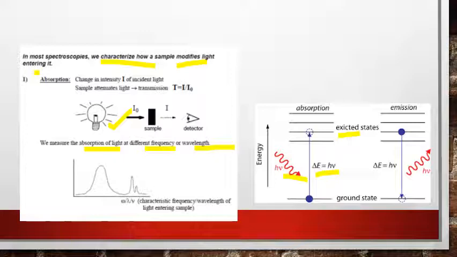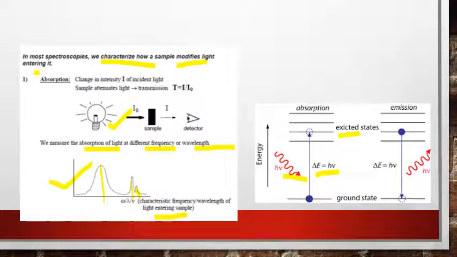Like here in the graph you have this absorption spectrum, where on the x-axis we can measure that this particular wavelength is highly absorbed, which gives this peak, and somewhere less absorption takes place at this wavelength and this wavelength. That can be analyzed in the absorption spectrum.